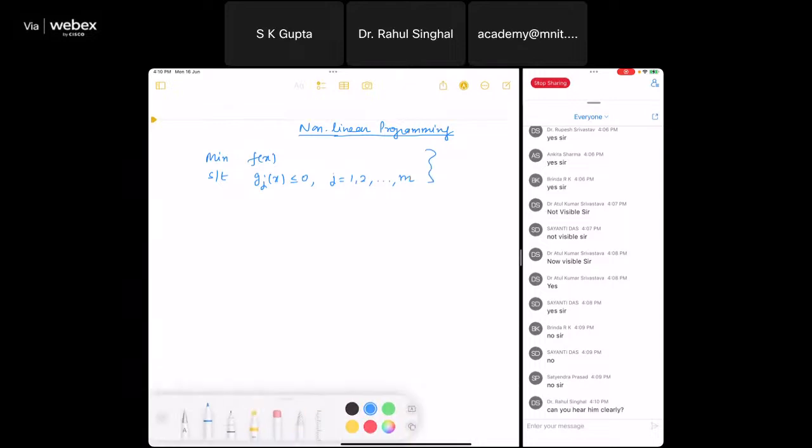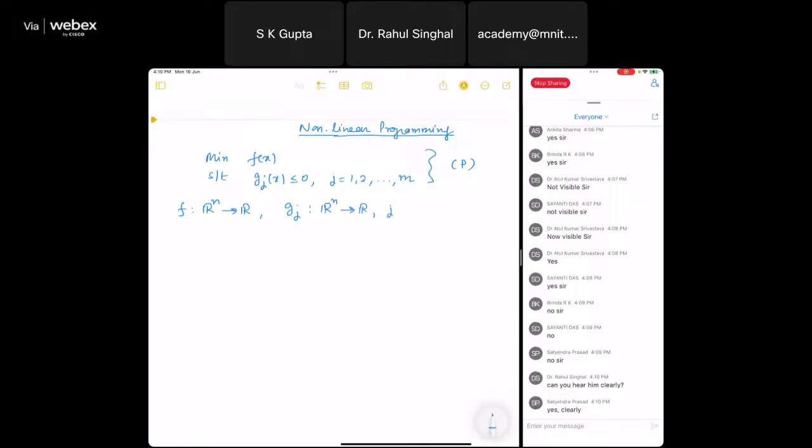Suppose we call this problem P. This function f is from R^n to R, that means x is a variable and the number of variables is n. All g_j are also from R^n to R, j from 1 to m.